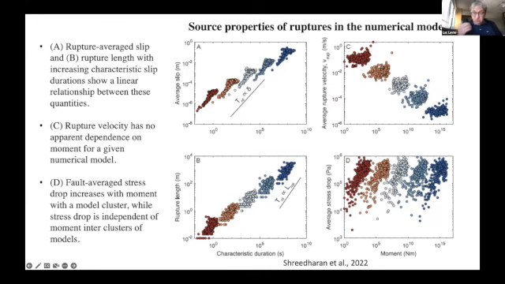Even though we are doing it in the quasi-dynamic sense, this still makes a lot of sense for this scaling, okay? And then finally, the average stress drops on all these events are very similar across, on the order of tens or 100 kPa. So we're kind of happy with that.